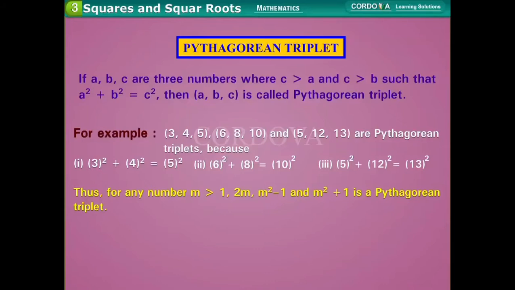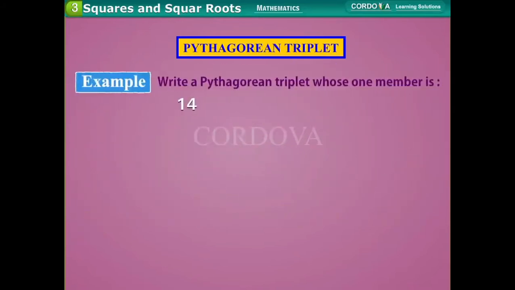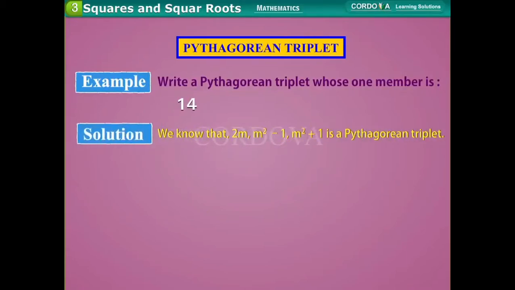Thus, for any number m greater than 1, 2m, m square minus 1 and m square plus 1 is a Pythagorean triplet. Example: write a Pythagorean triplet whose one number is 14. Solution: we know that 2m, m square minus 1, m square plus 1 is a Pythagorean triplet.